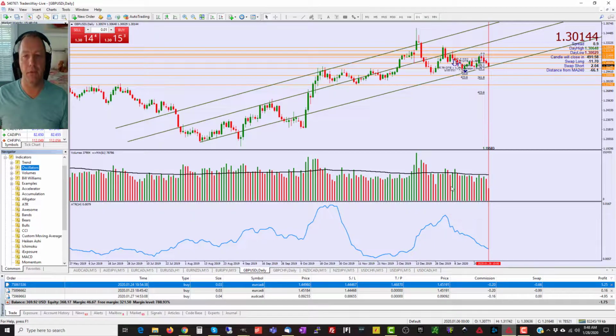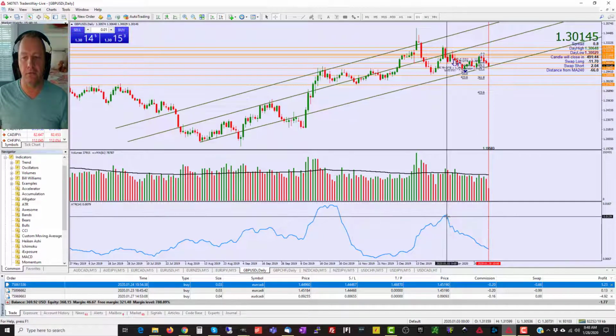So it could have moved up and down 100 pips, but the average range of that would be something, right? So if we look at over here, from this point at 14 candles back, the average true range was 142 pips on a daily. So that meant in the last 14 candles, it moved an average of 142 pips.